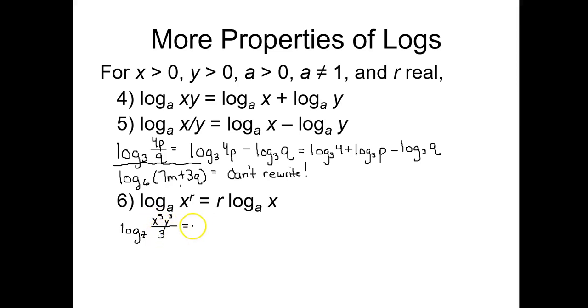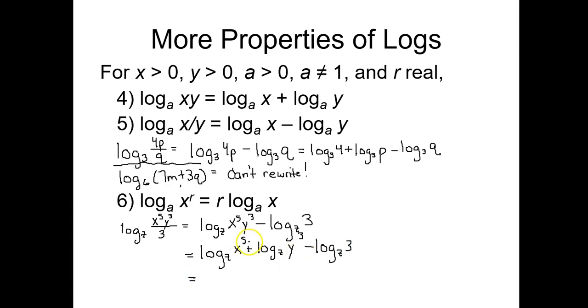All right, well, first of all, from property number 5, you can break this up as log base z of x to the 5th y cubed minus log base z of 3. And then by property number 4, you can break this up into log base z of x to the 5th plus log base z of y cubed. You've got minus log base z of 3.